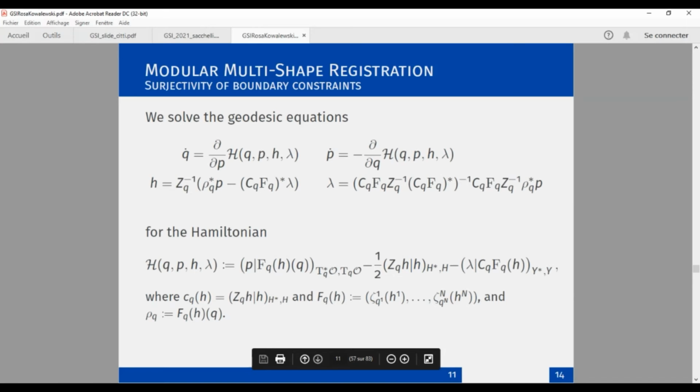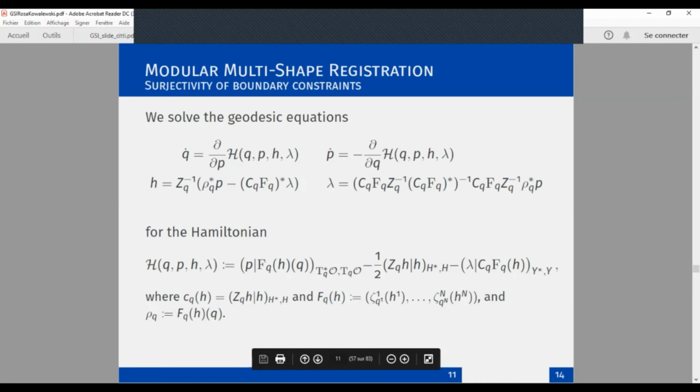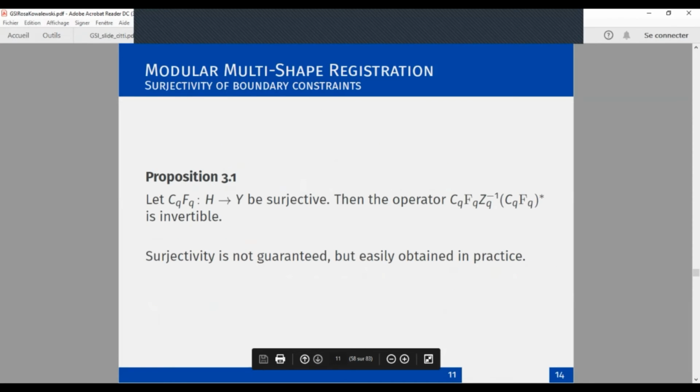So in order to solve our optimization problem, we optimize it with respect to the initial condition for P. In order to do that, we have to compute the geodesic variables H and lambda, as shown here. And in particular, we have to invert this operator. This operator is invertible if the operator CQ FQ is surjective.